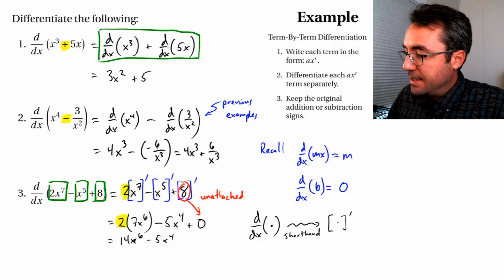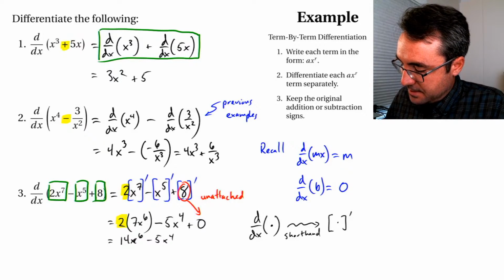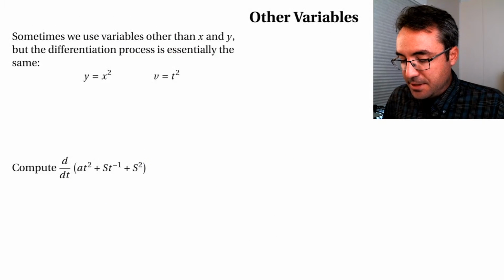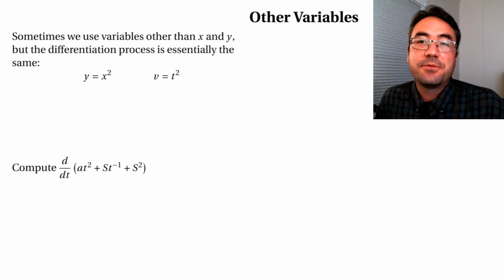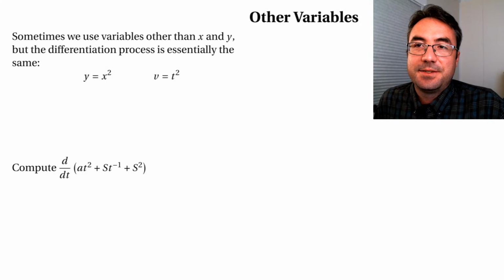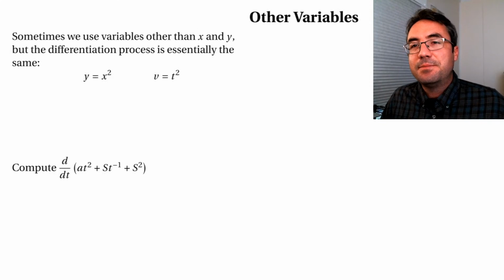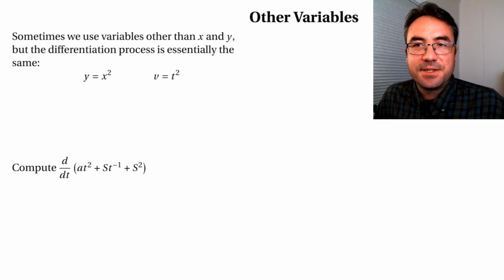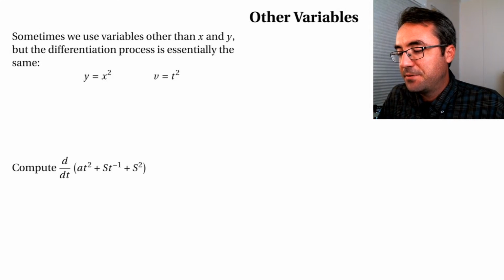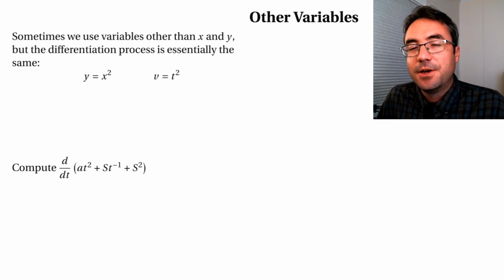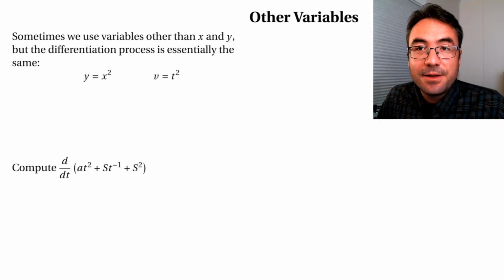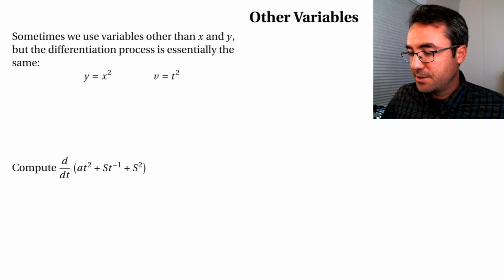All right, let's talk about what happens with other variables. We don't always use y's and x's for our variables. It doesn't matter. The process is still the same. So, whether we're differentiating y equals x squared or v equals t squared, the power rule still works.